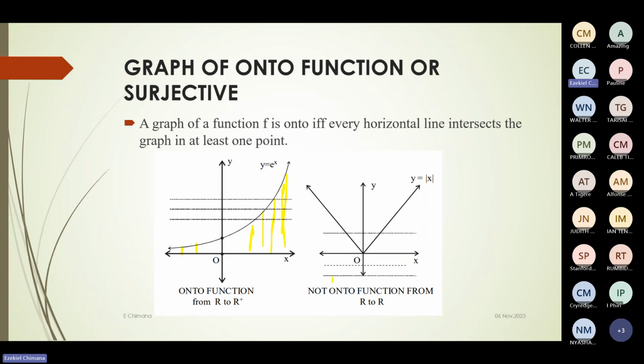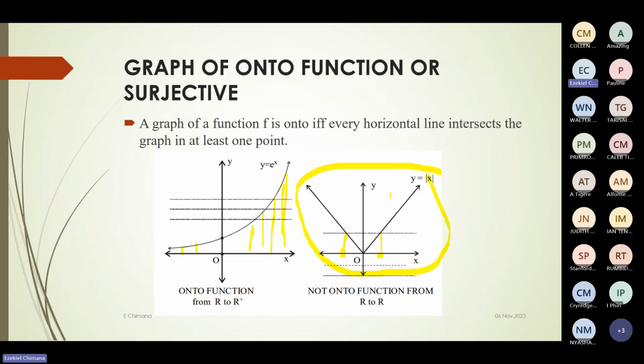And then this one, we are saying is not an onto function. If you look at this, why is it not an onto function? Let me try to touch on these values. This value is different from this value, but pointing to the same value, but that is not supposed to be a problem.